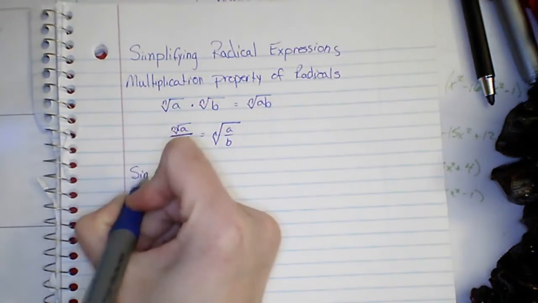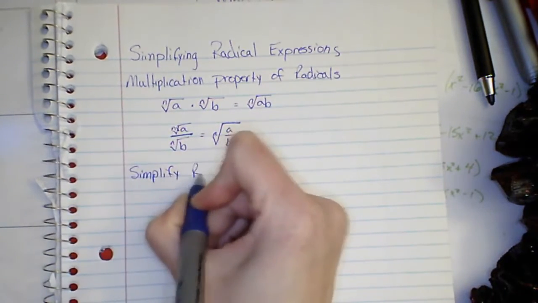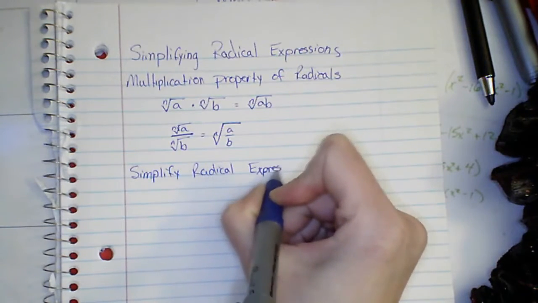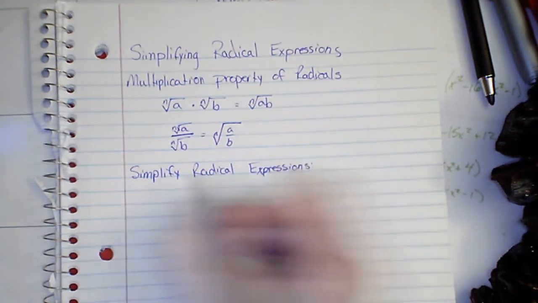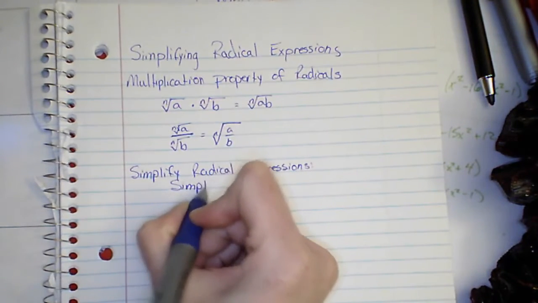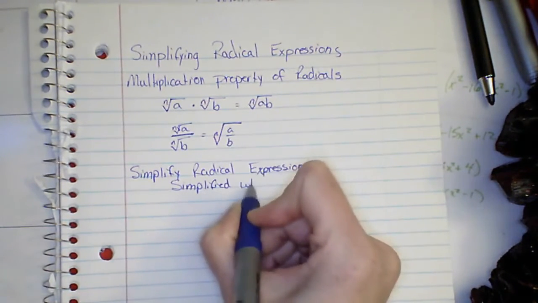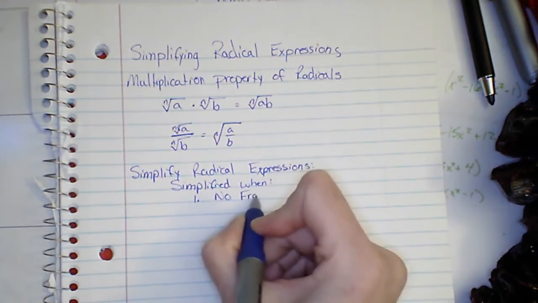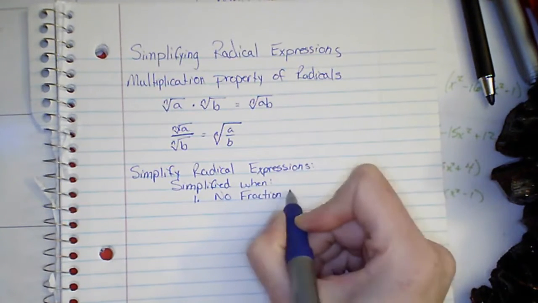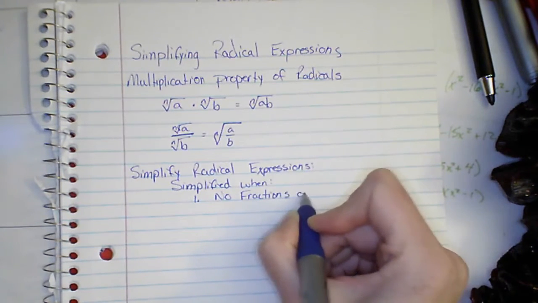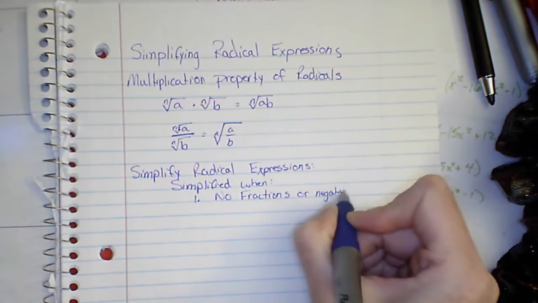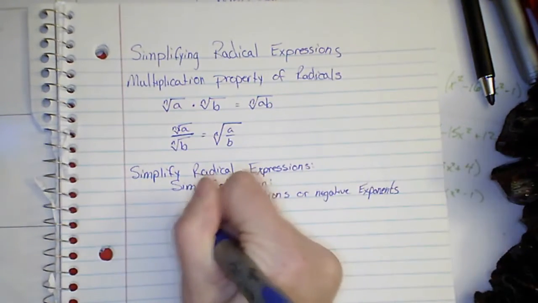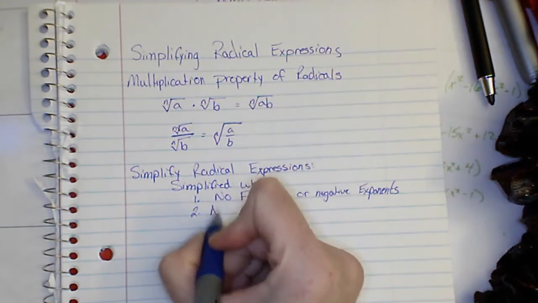So when we simplify radical expressions, they are simplified when: 1, there are no fractions or negative exponents. 2, no radicals appear in the denominator.